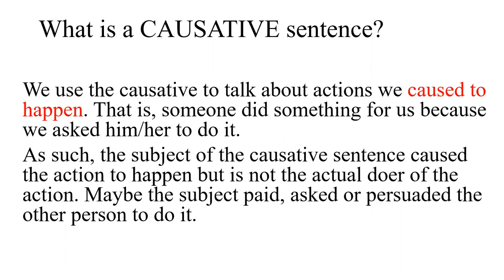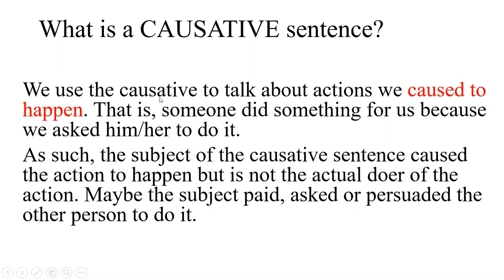And we have a passive sentence which has a passive subject, which is usually the receiver. And finally, we mentioned the causative sentence, where the subject is neither the doer nor the receiver, but only a cause for the action.